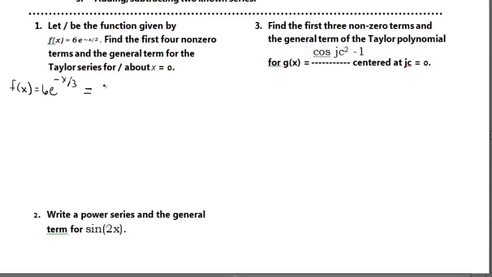What I noticed is that I can pull 6 out. This function is equal to 6 times the summation of, and I'm going back up to the e to the x series, working with the generic summation formula. I see that it is x to the n over n factorial.